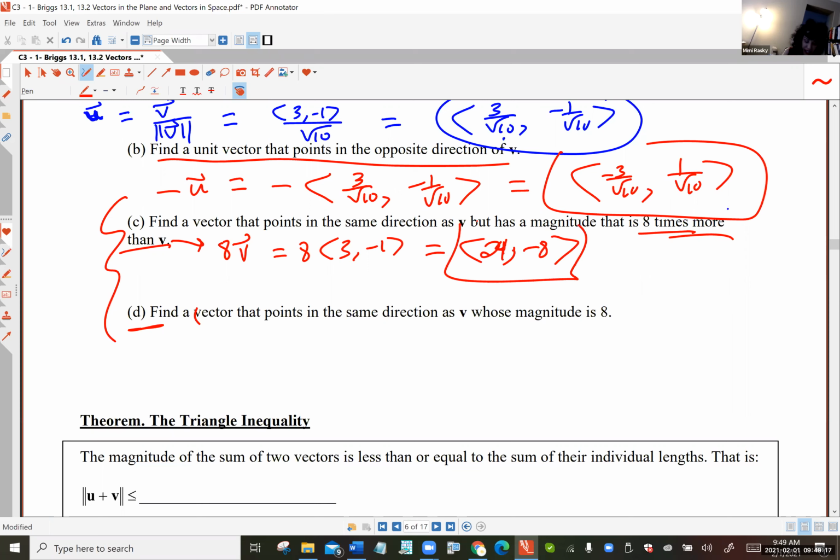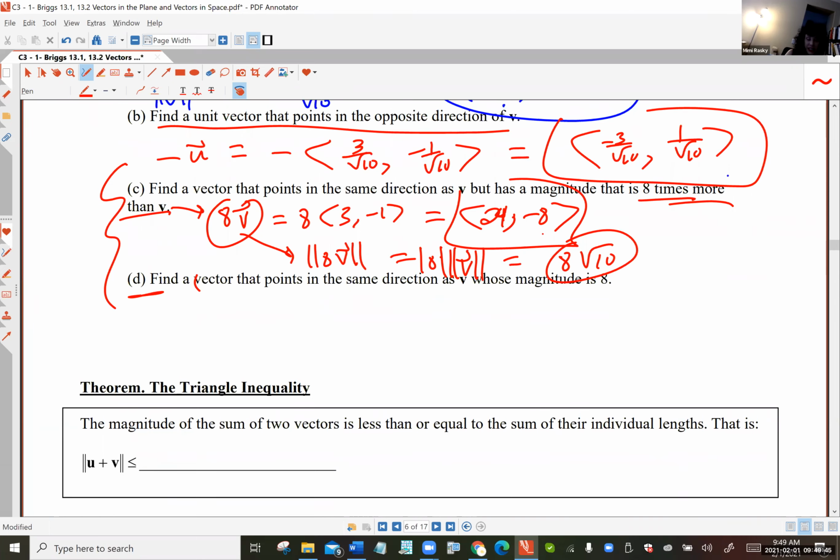I claim this vector will point in the same direction as the original, and the magnitude will be 8 times what the original magnitude was, which is square root of 10. In other words, if somebody said, find the magnitude of 8V, it's going to be the absolute value of 8, which is 8, times the magnitude of V, which we already got from part A. So it's going to be 8 square root of 10.